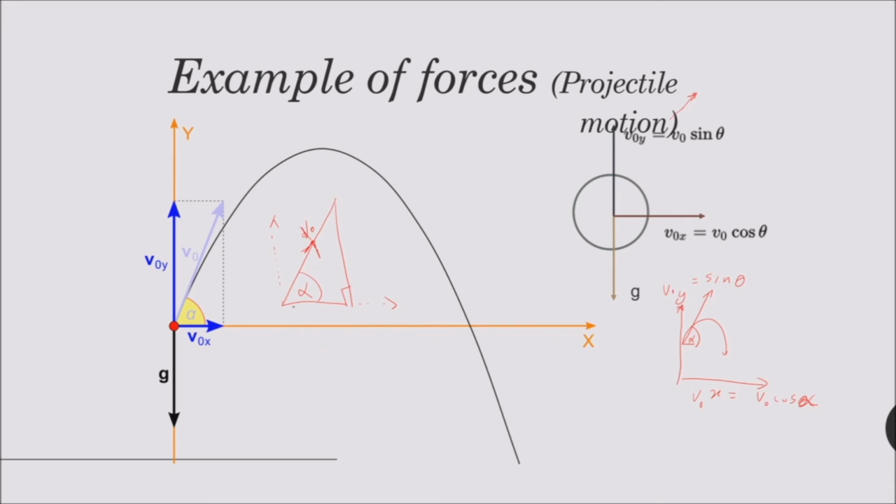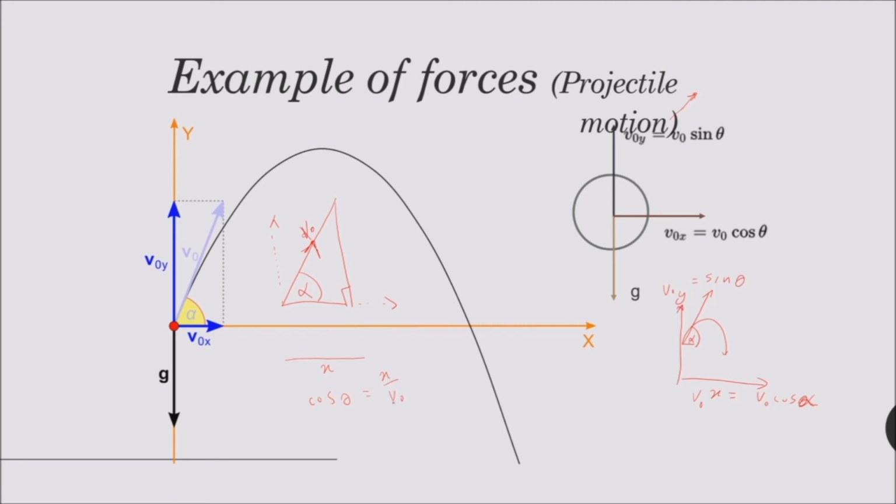So one thing I know is this part right here. Let's call this the x portion of it. So this means the cosine theta is going to be equal to x divided by v0.